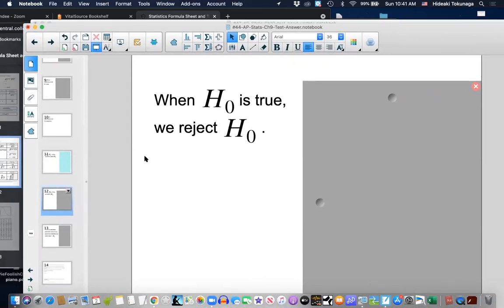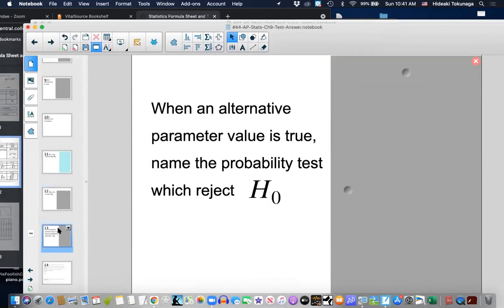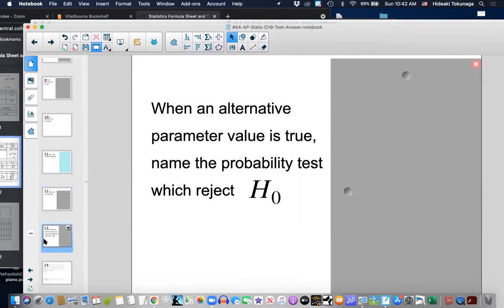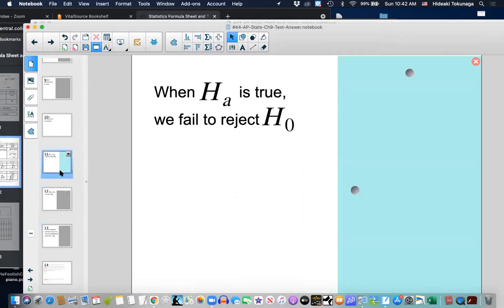When the alternative hypothesis is true, we fail to reject the null. That's the scenario we have right now, so it's called a type 2 error.